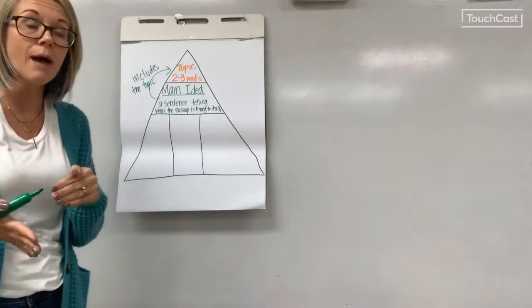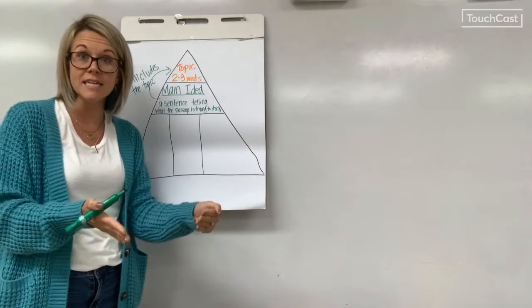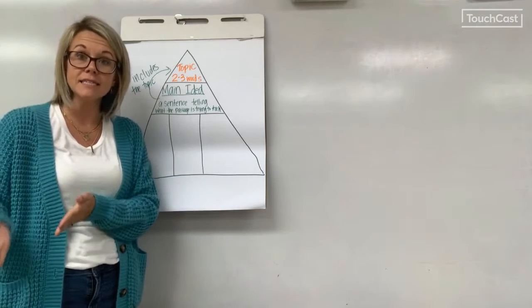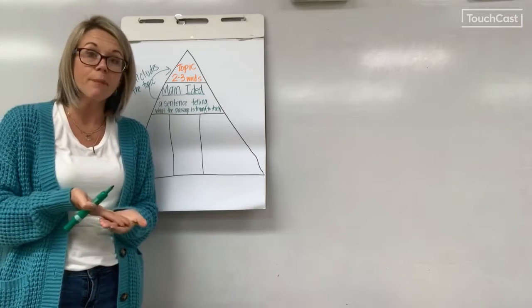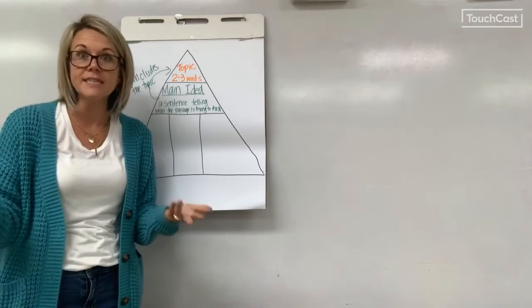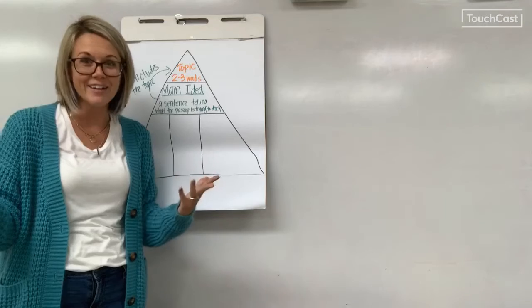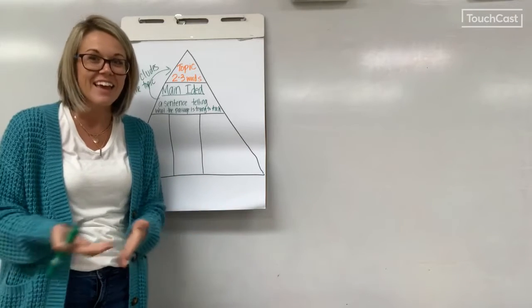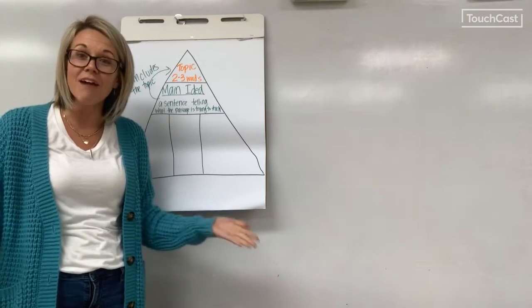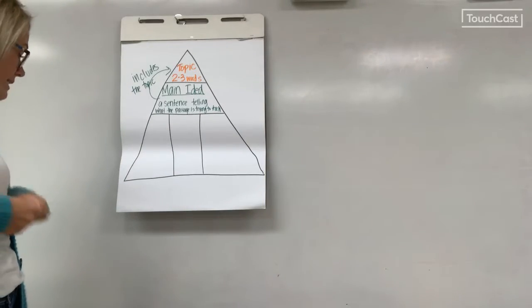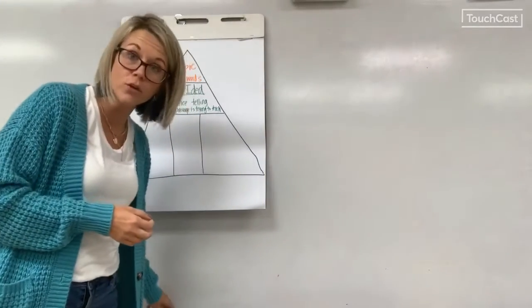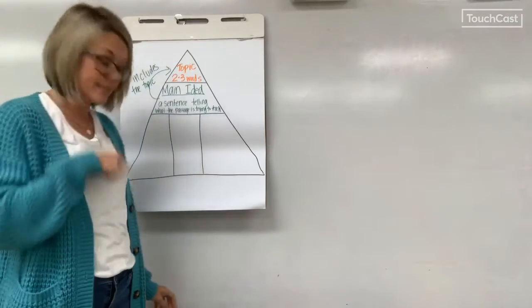So if my topic is about pandas, my main idea sentence will have the word pandas in it. If my topic is about Cinderella, I know you're so excited about Cinderella, then my sentence would have the word Cinderella in it. So your main idea sentence should include your topic in that sentence.